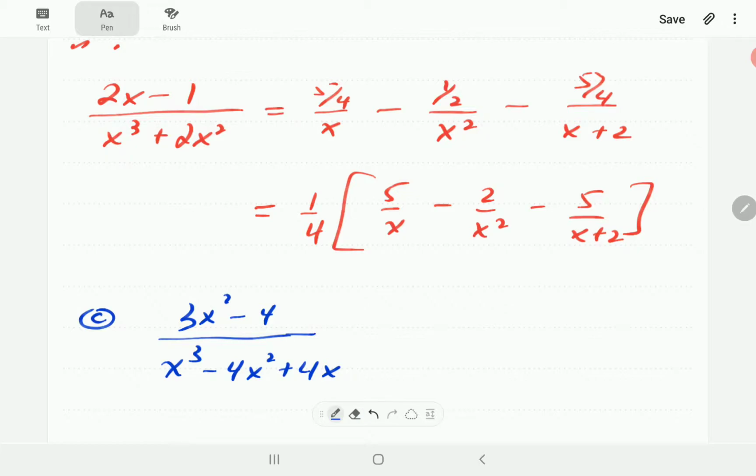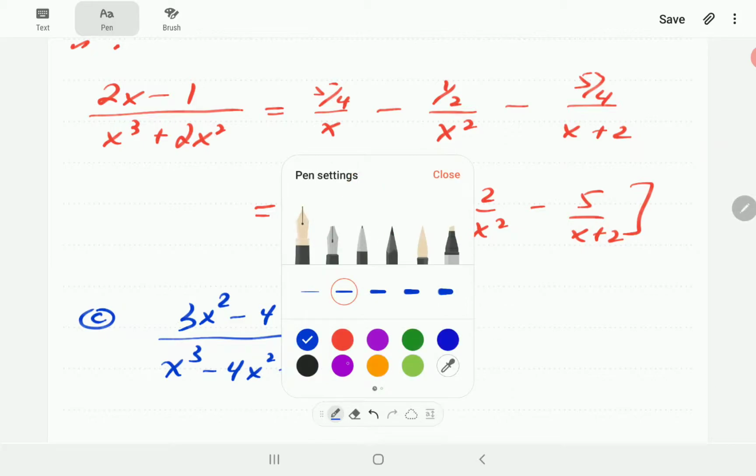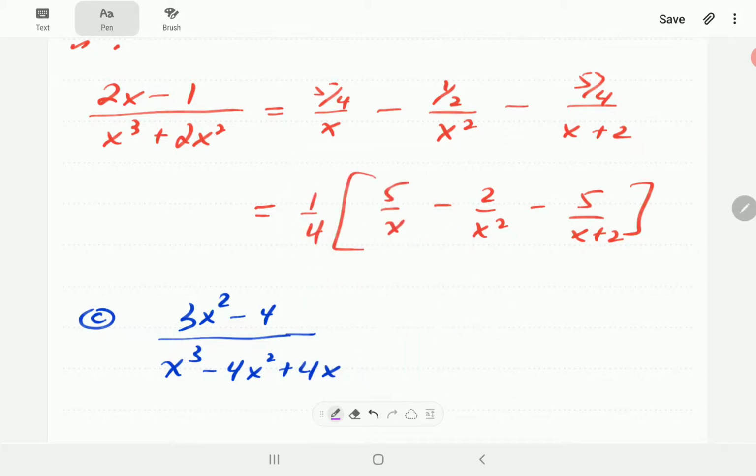So again, this is going to be proper because the numerator is of degree 2 while the denominator is of degree 3. So that means we can straight away start factorizing the denominator.